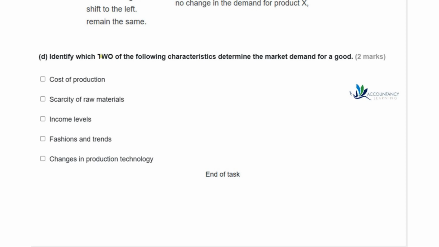Identify which two of the following characteristics determine the market demand for a good. We've got cost of production, scarcity of raw materials, income levels, fashions and trends, or changes in production technology. We are looking at the market demand for goods.